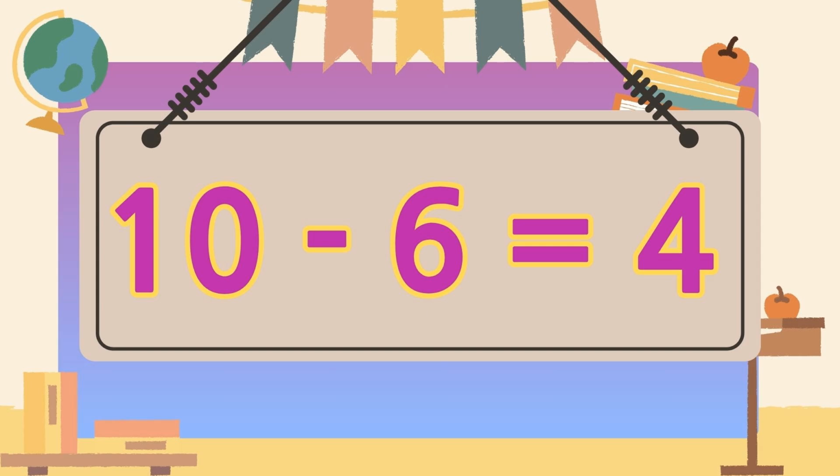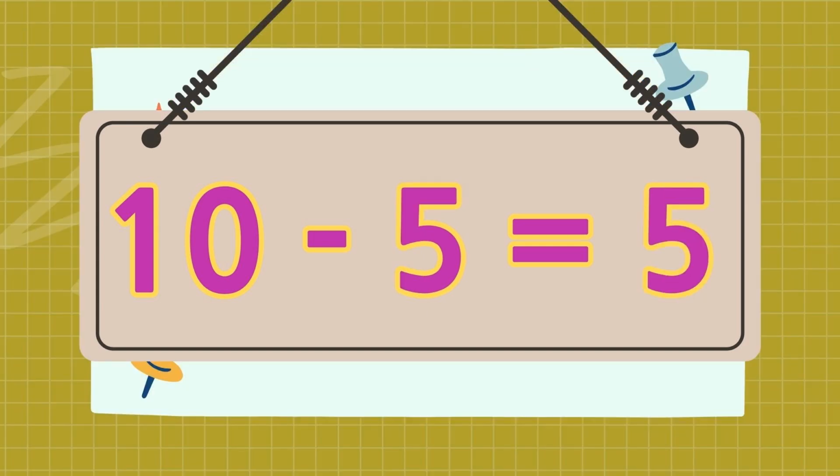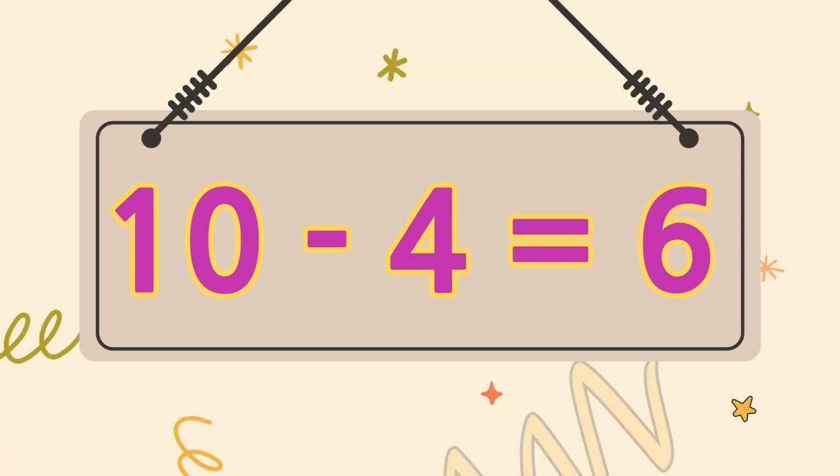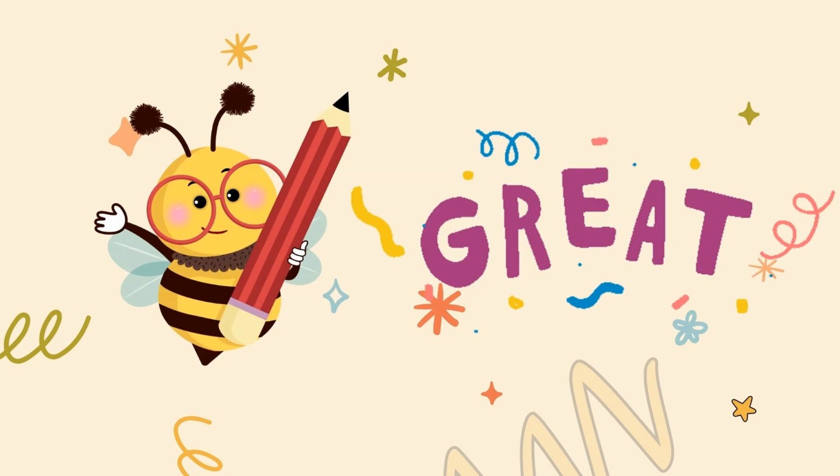Lilies grace the garden floor. 10 minus 5 is 5. Morning glories reach and thrive. 10 minus 7 is 3. Daffodils sway so free. 10 minus 4 is 6. Violets bloom by river bricks.